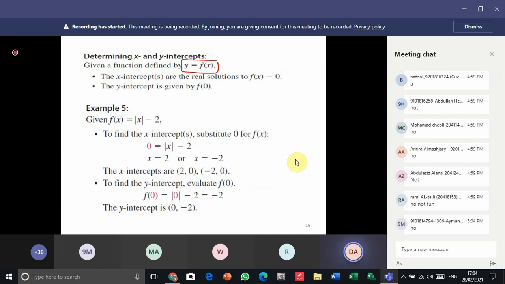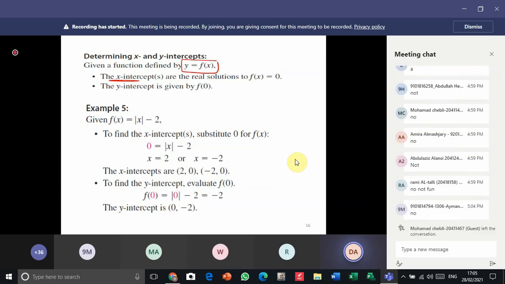Now, how can we find x and y intercept? If we need to find the x intercept, we put y equal f of x, so f of x equal 0. Okay, f of x equal 0, and solve this equation to find the value of x.